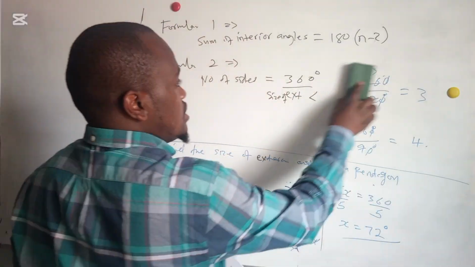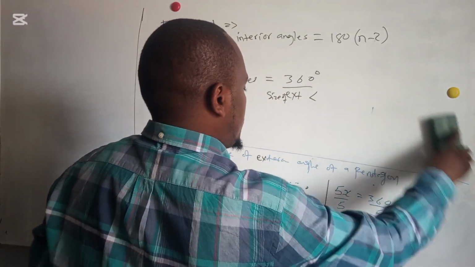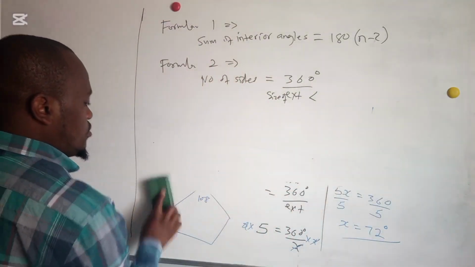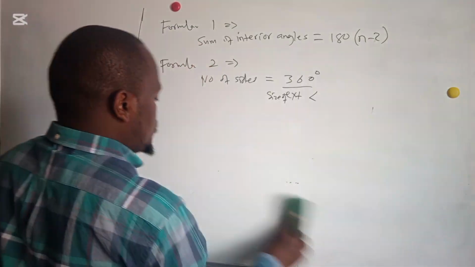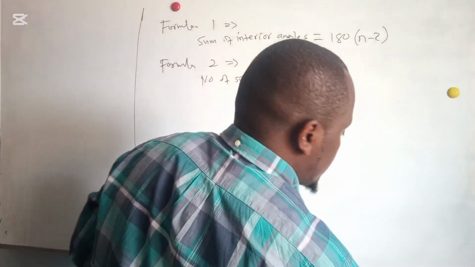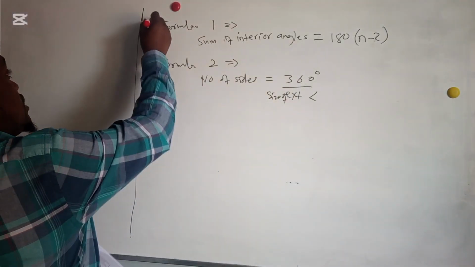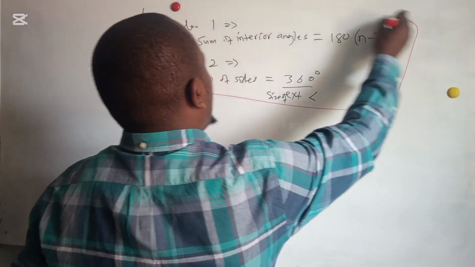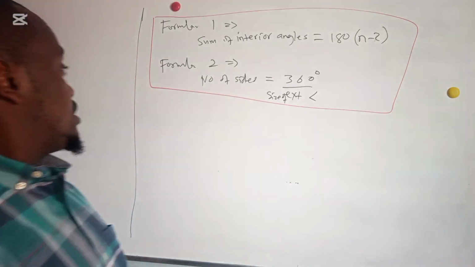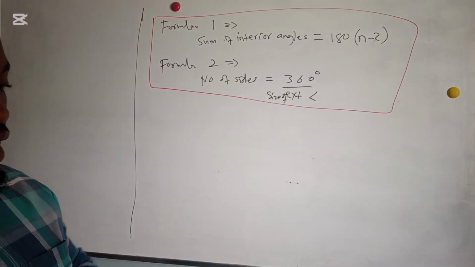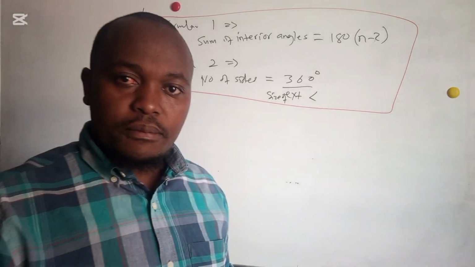let me delete this part. These two formulas can be used to solve so many questions. These two are the formulas you need to solve any question on regular polygons.